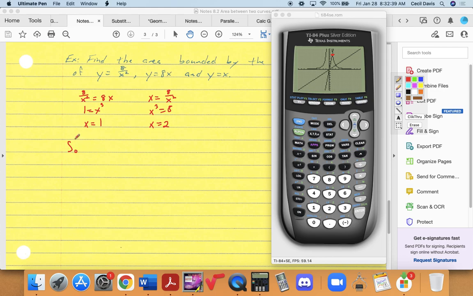So on the interval from 0 to 1, we've got the line y equals 8x is the upper curve, minus the lower one, y equals x. Plus, on the interval from 1 to 2, the upper function is 8 over x squared, and the lower function is still y equals x.